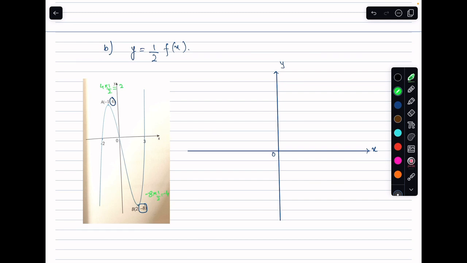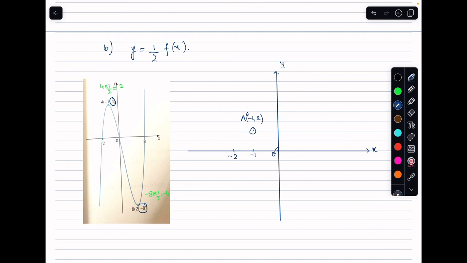So if I sketch the graph, for negative 1 it comes to a positive 2. So A has been transformed to (-1, 2).